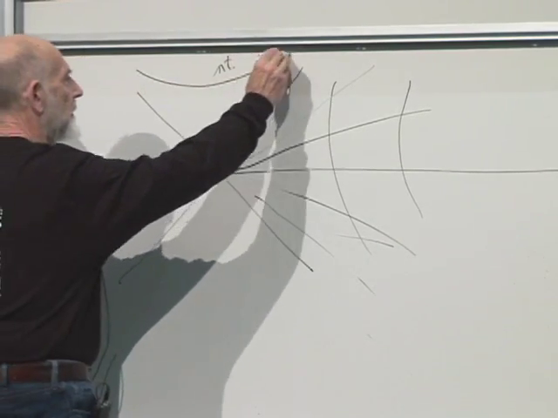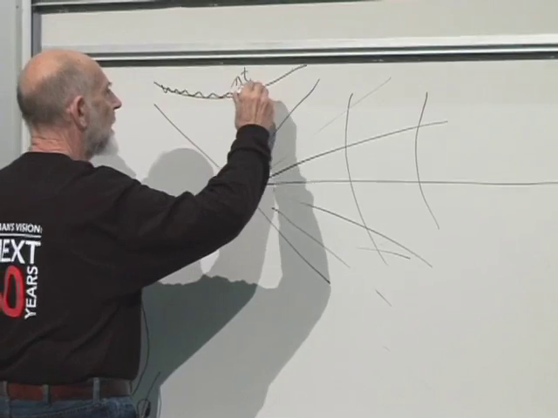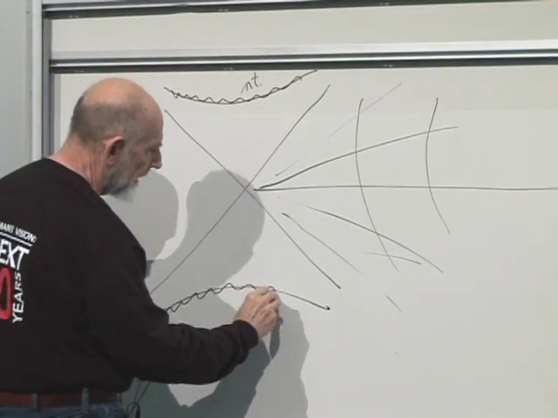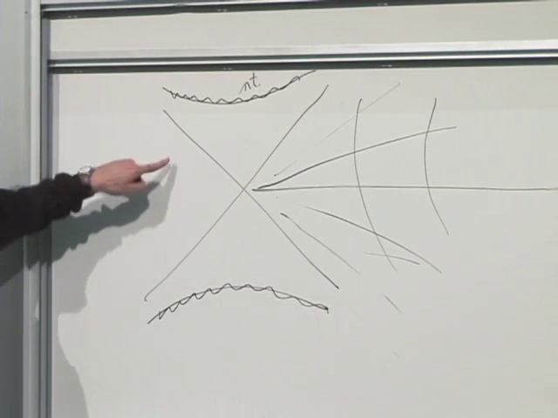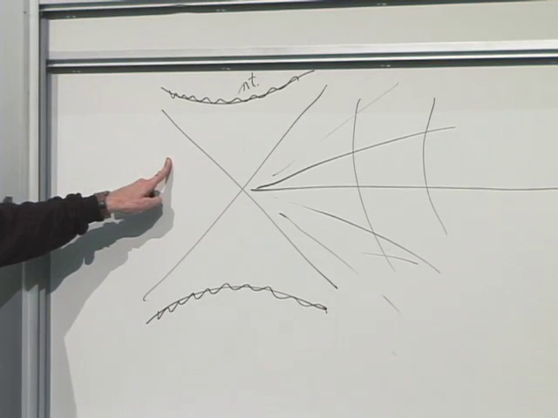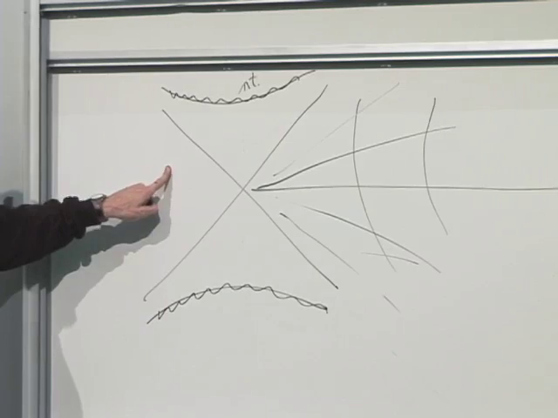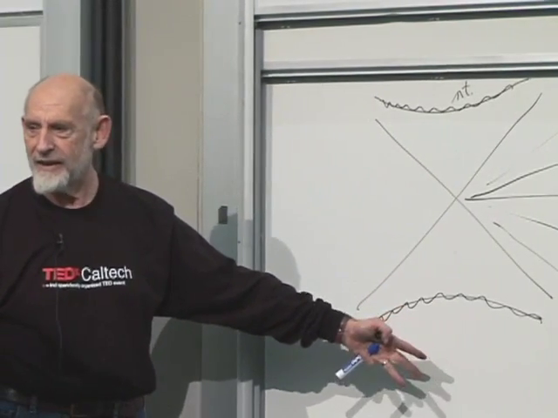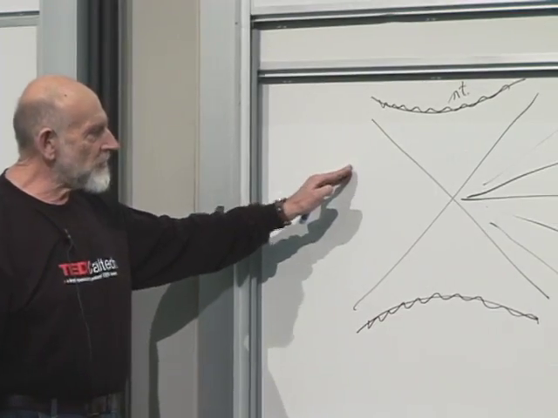Here was the singularity over here. There was also a past singularity over here. And we never discussed what was on this side. I hesitated to tell you what was down here, but I eventually did. All right. What's on this side?